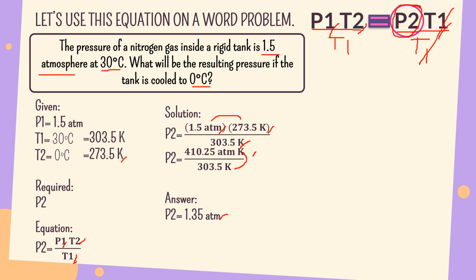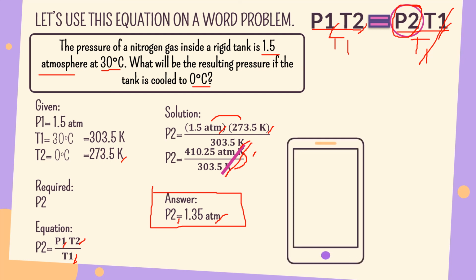We have the unit atmosphere because the Kelvin is cancelled in this equation, and one of the units of pressure is atmosphere.